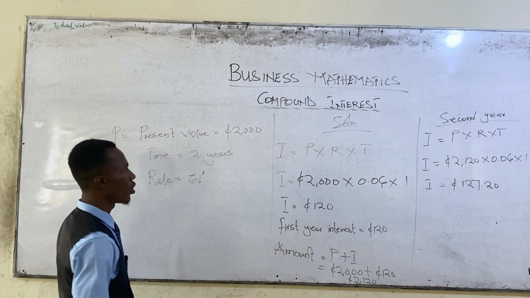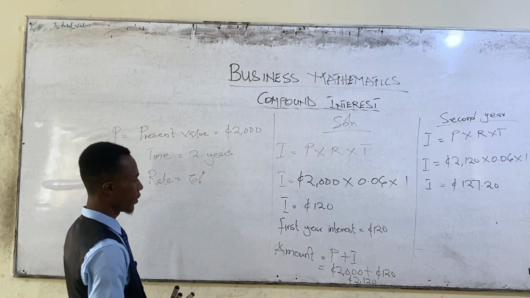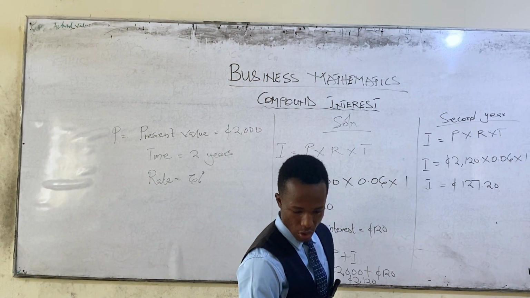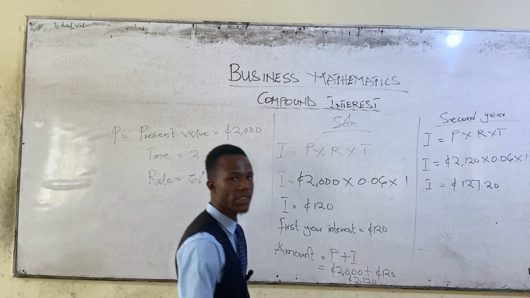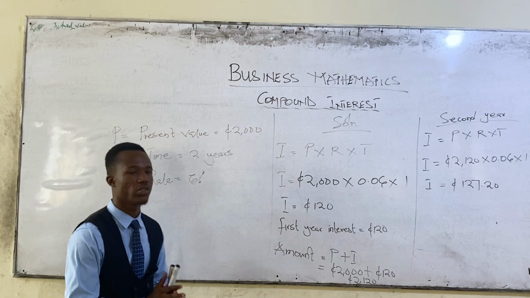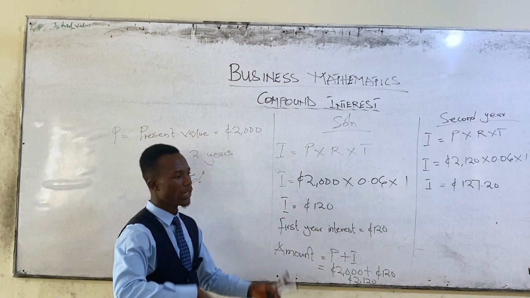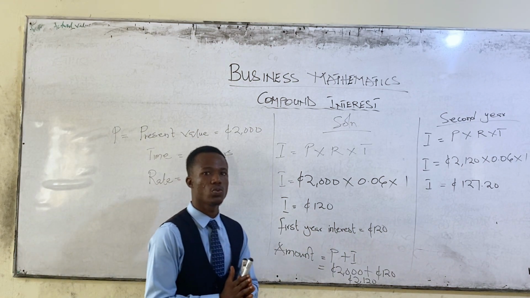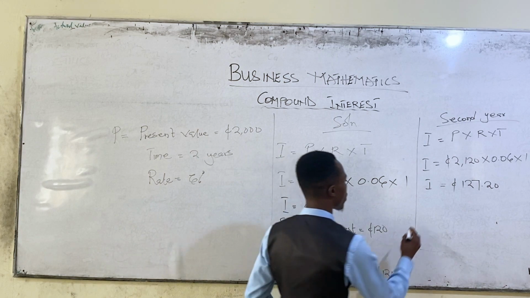Are you good? Okay, so since we are done, the question says compute the total compound interest. So here we are going to calculate the total compound interest. The interest for the first year, the interest for the second year, then we add the two to get our total compound interest.